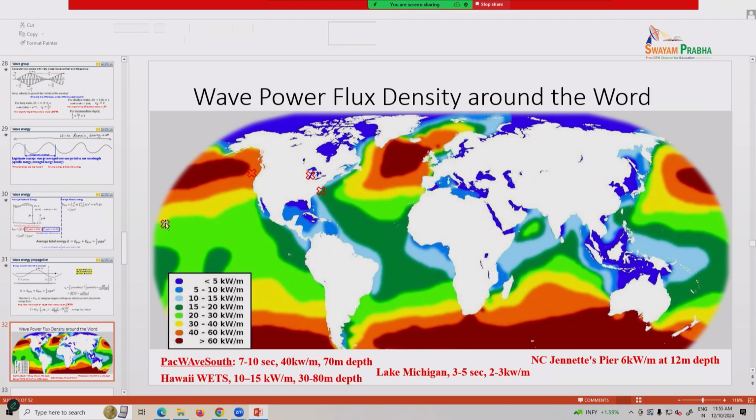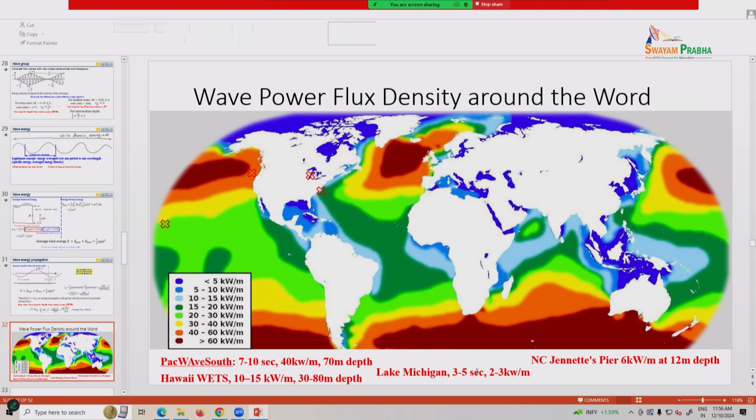Here, Hawaii, there's a functional wave energy test site, WEC. Okay, the average wave energy flux density is 14 kilowatts per meter. And there are two sites. One is 30 meters depth, another 80 meters depth.